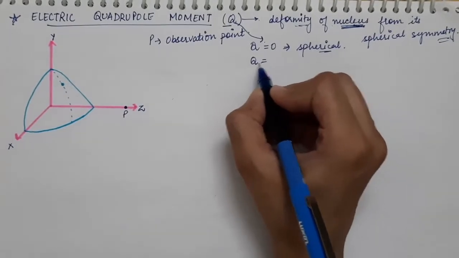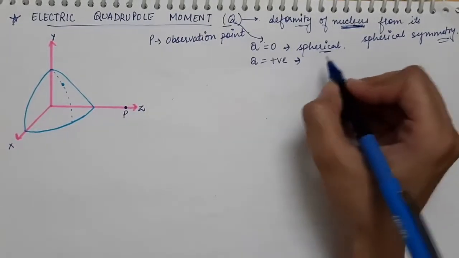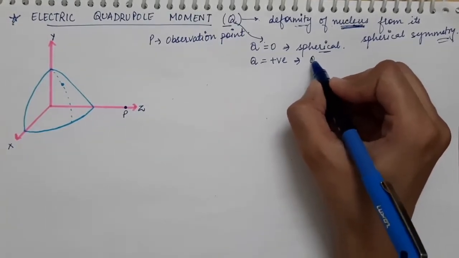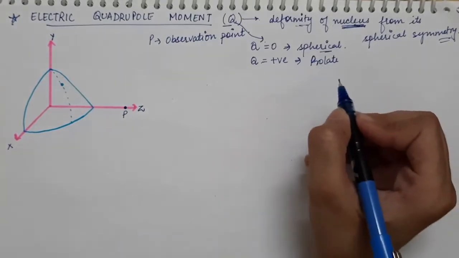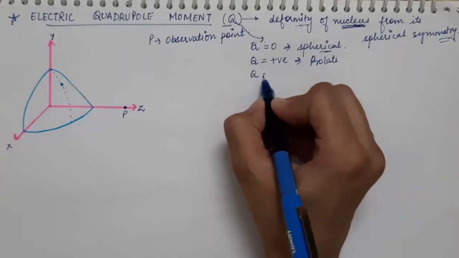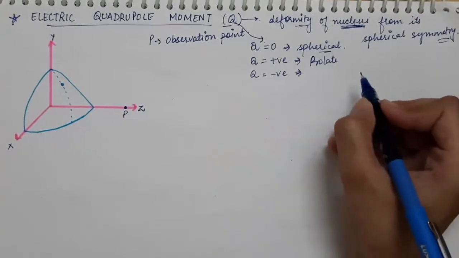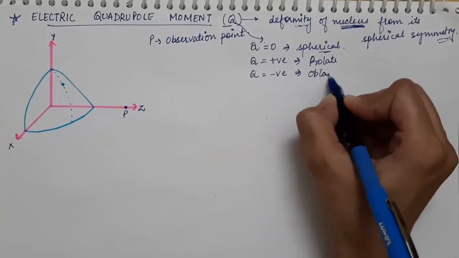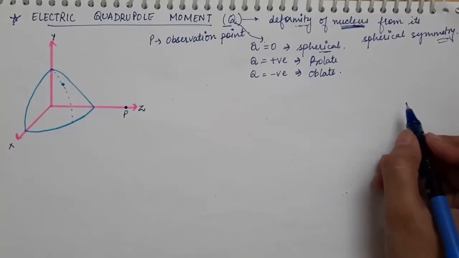So if the value of capital Q comes out to be positive, then the shape of the nucleus is said to be prolate. And if capital Q comes out to be negative, then the shape of nucleus is called oblate shape. So now we want to find the expression of the electric quadrupole moment.